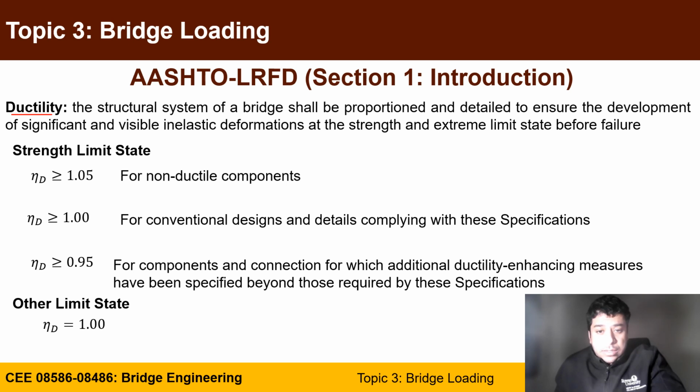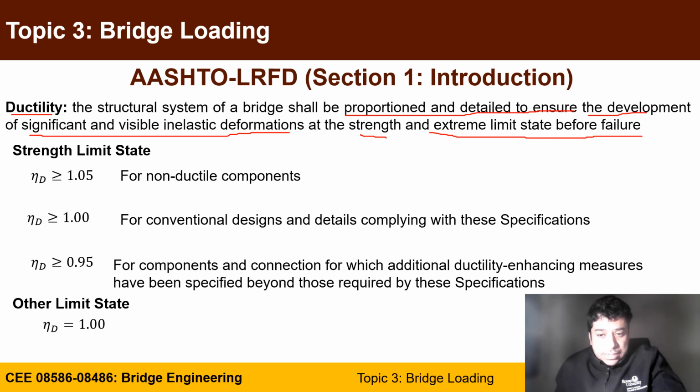So the system of the bridge shall be proportioned and detailed to ensure development of significant and visible inelastic deformation in the form of cracks at the strength and extreme limit states before failure. So this is a good sign of your design. You don't want your structure to have brittle failure, where it fails right away.